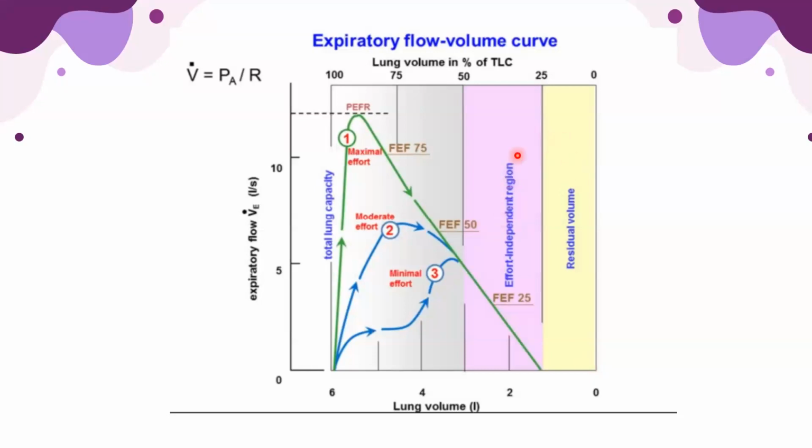This is the effort-independent region, and you can see that even with moderate and minimal effort, all of these graphs connect in the effort-independent region because here, the amount of effort the person is putting in doesn't matter. It matters in the effort-dependent region, which is this part.